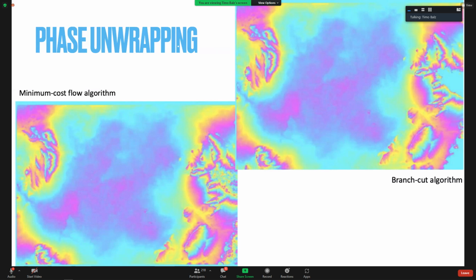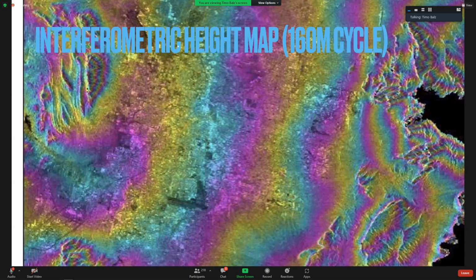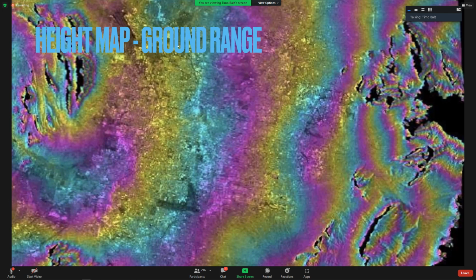Now, after the phase unwrapping, right, we can get such an interferometric height map where we can say, well, it's so many meters per cycle. We can then transform that to ground range.